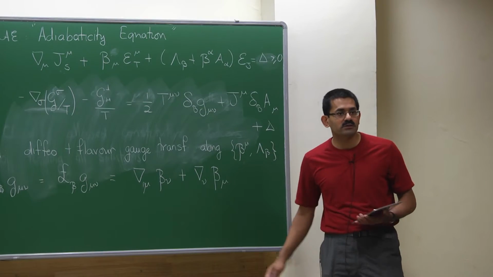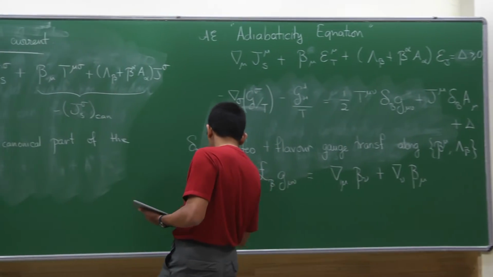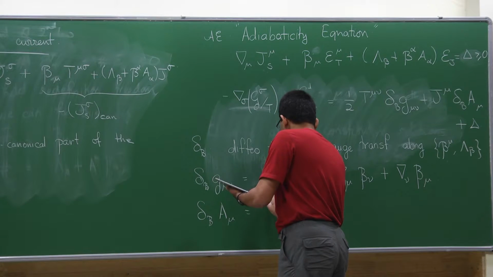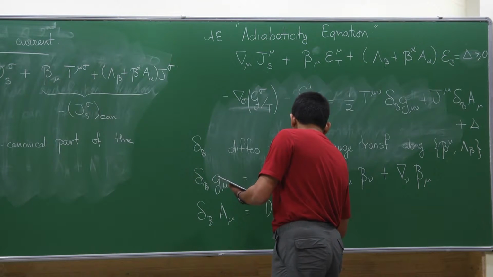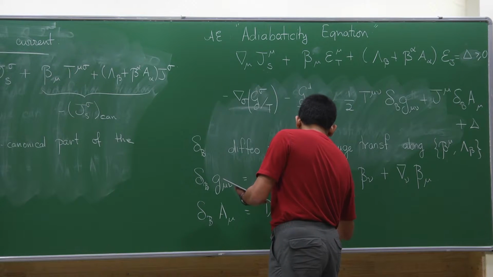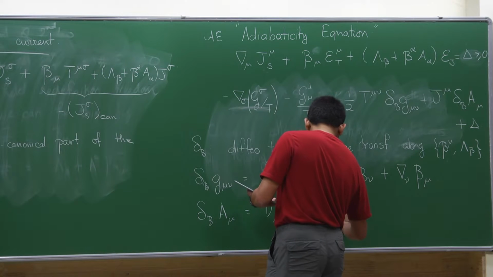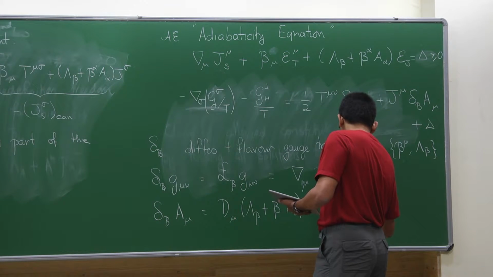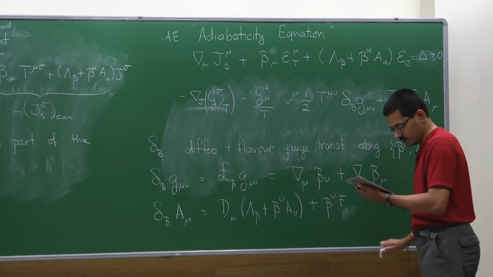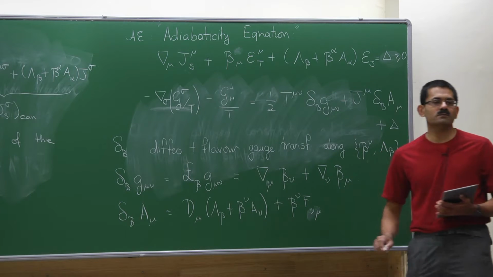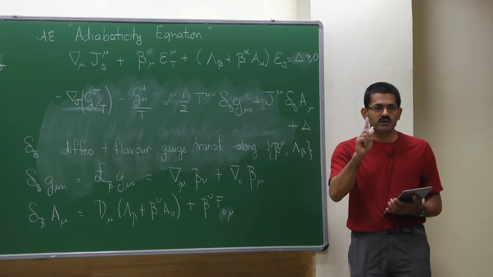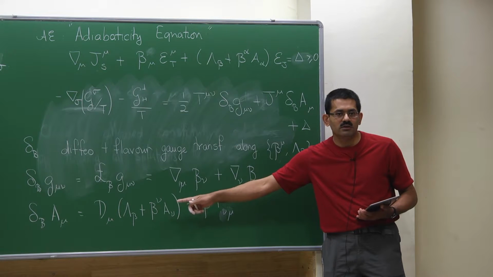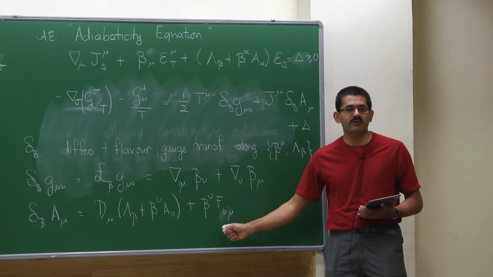Okay. So that's the definition of delta B of G mu nu, and delta B of A mu is a gauge transformation which takes the form of a gauge covariant derivative of lambda beta plus beta A. It's very important that when I do a gauge transformation, I do a gauge transformation along lambda beta, but the diffeo also acts on the gauge transformation, and that piece gives you this.